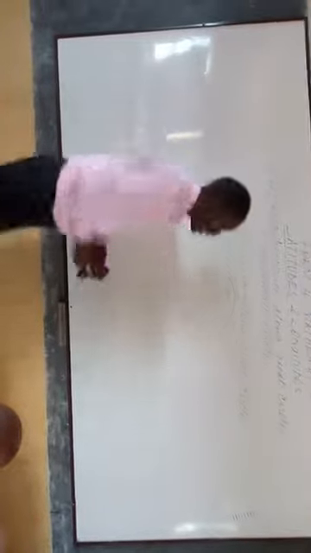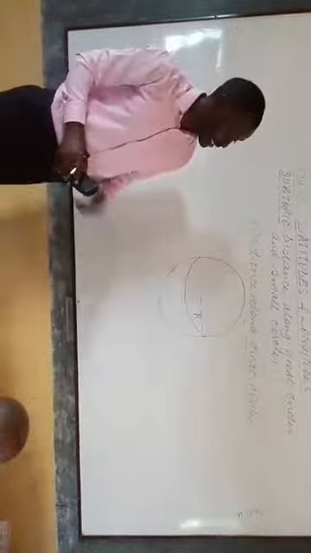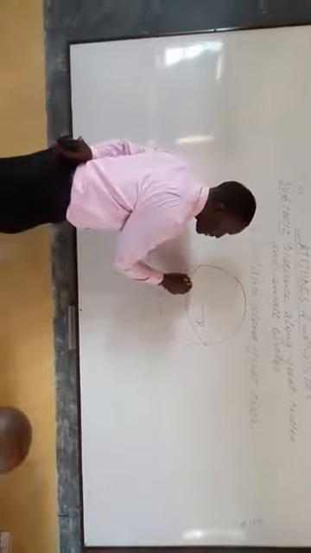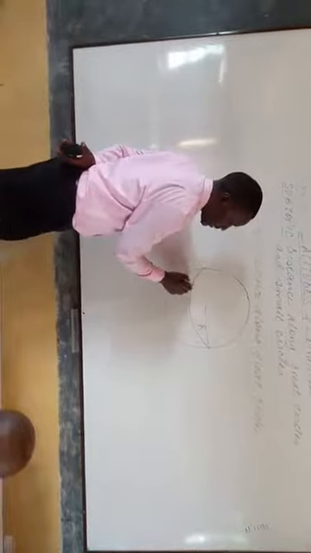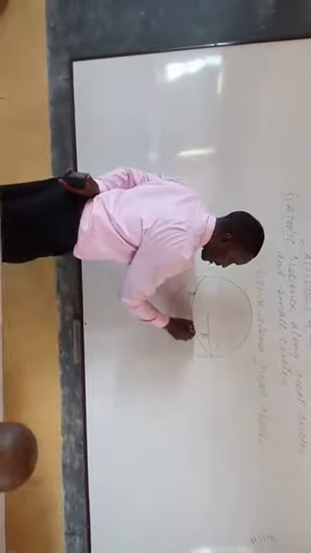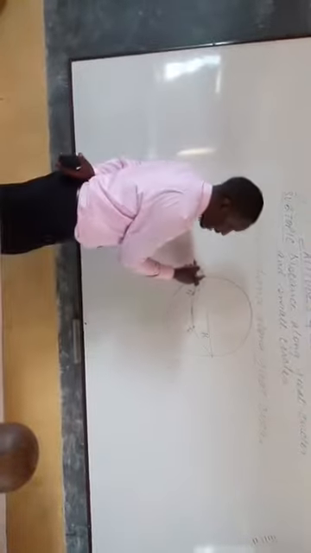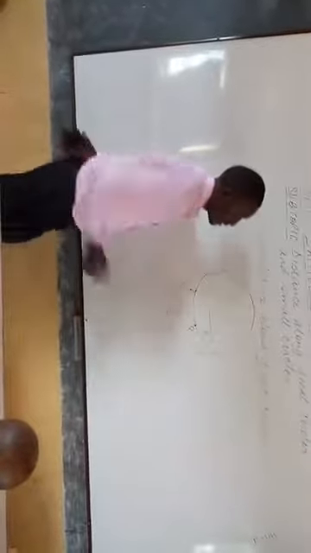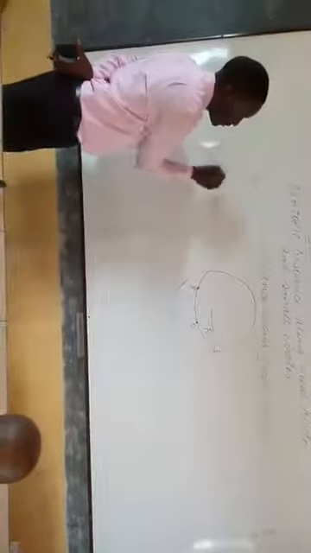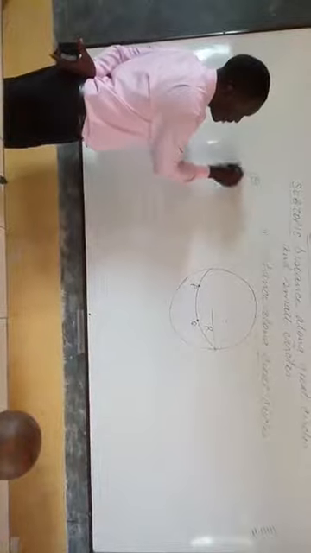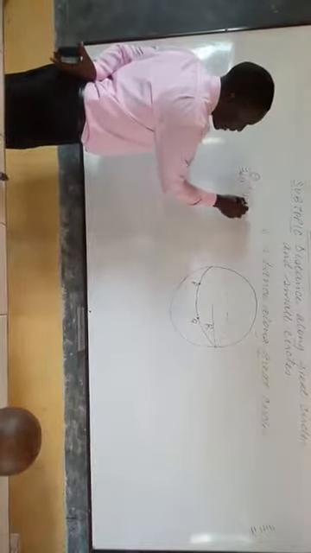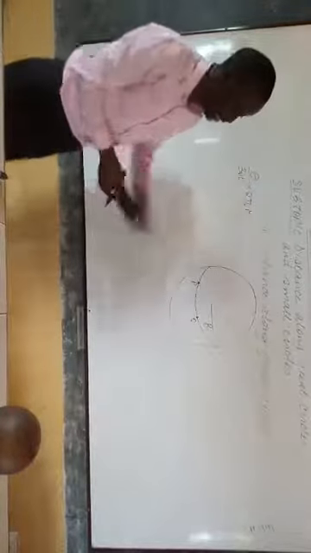Allow us now to use capital R because that is a great circle. It has a certain radius. So what if I want now to calculate the distance from this point here, we're going to call it point P, to another point here, point Q, along a great circle? How am I going to get that distance? From our formula here, we have seen that we need to know the angle at the center over 360. Then we multiply that by 2 pi r. That's how we get the length of an arc.